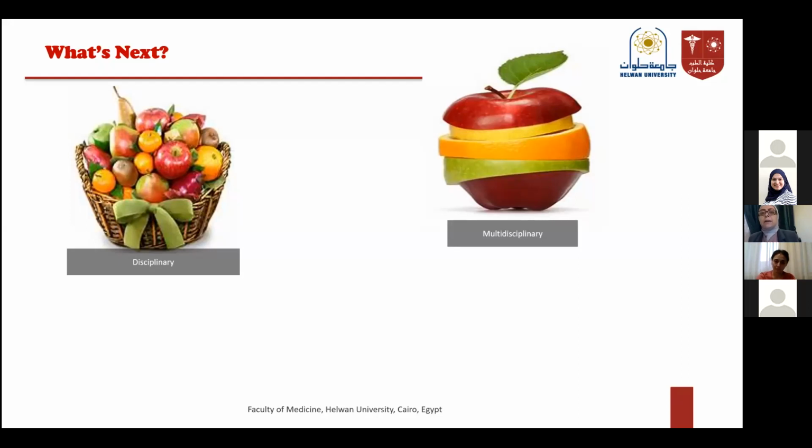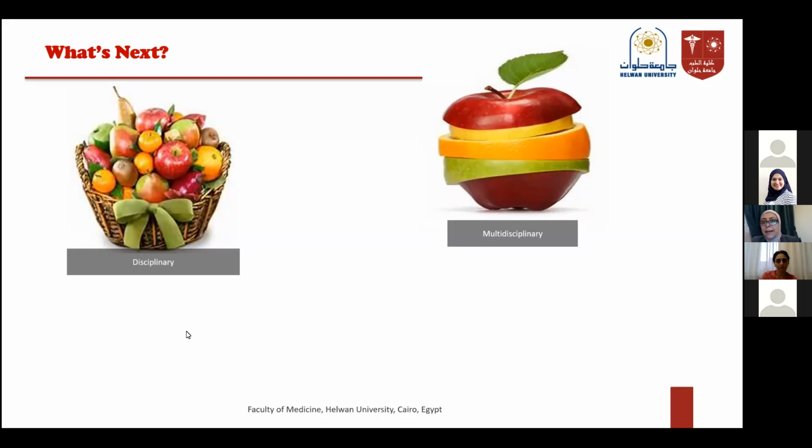Multidisciplinary means if I have a breast cancer issue, I bring the pathologist, the oncologist, the surgical oncologist, and we are doing a research together, okay? So the community can benefit from the output of my research better than if I'm only one discipline, and this is called multidisciplinary.